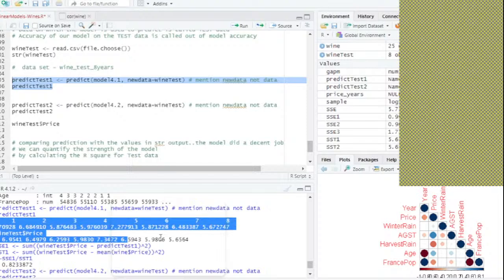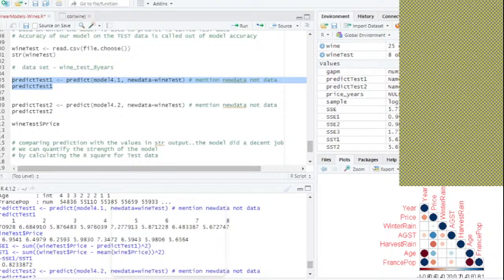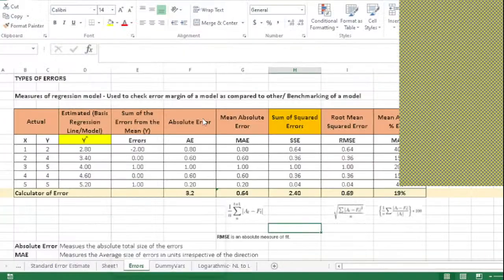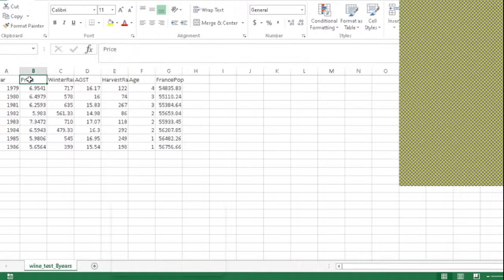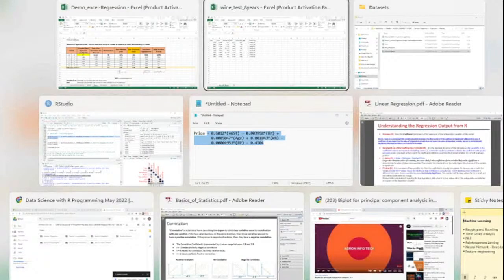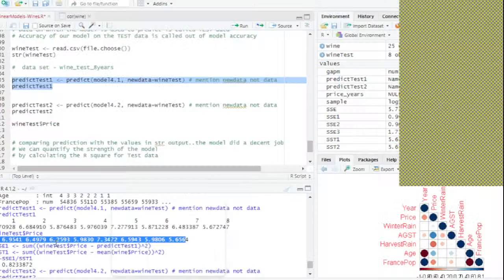These are my predictions made by the model. These are my actuals. I have picked it from the data, those 8 observations. If I open this, these are the 8 observations. Okay, I hope that is what you're saying.